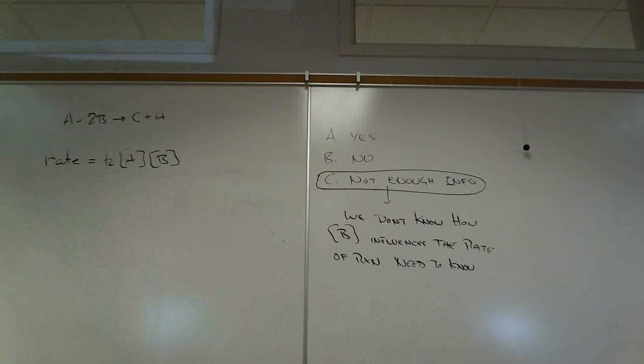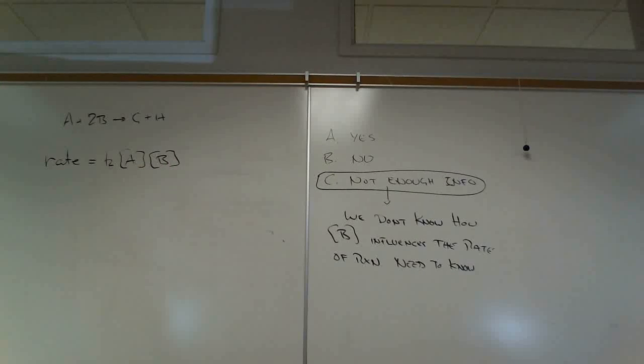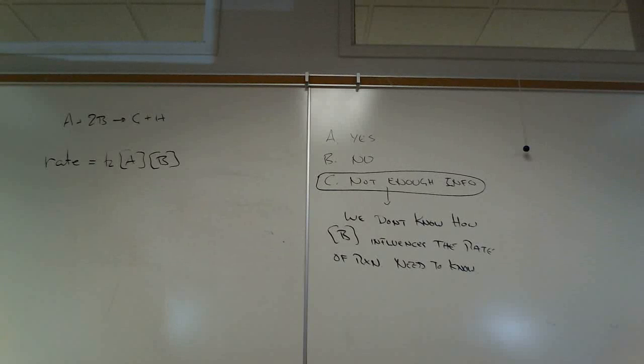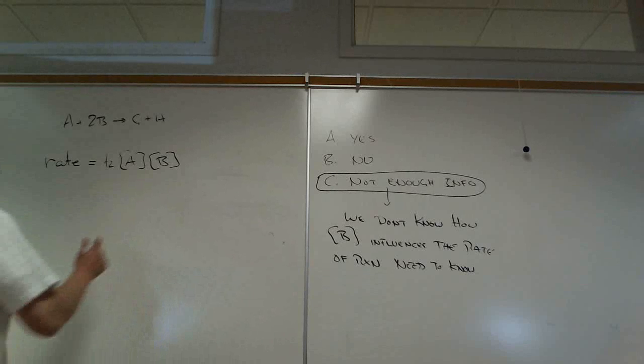So for example, if you double the concentration of B, you expect the reaction to speed up, perhaps, right? But what happens if you double both the concentration of A and double the concentration of B? And so we've got to figure out what the influence of these are.